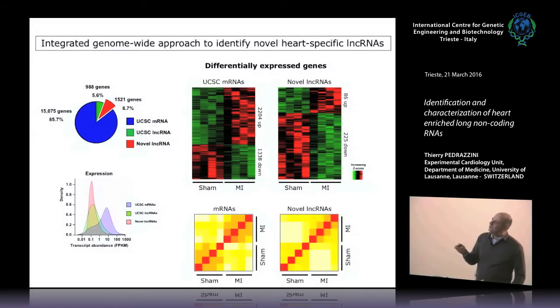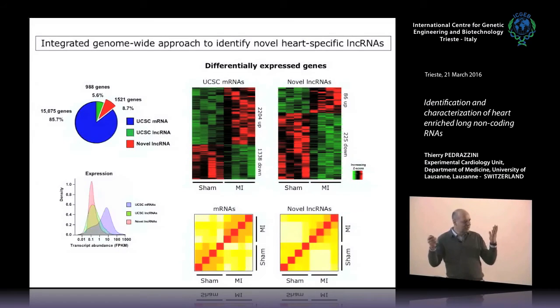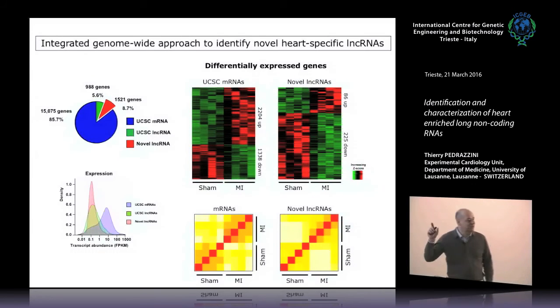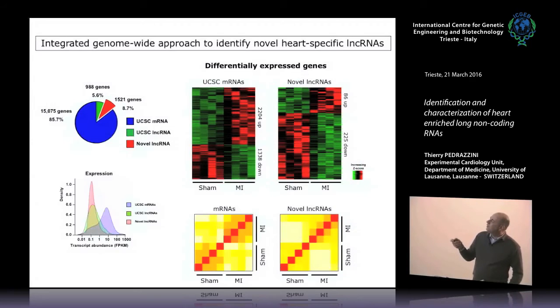So in this particular study, when we compared myocardial infarcted heart, this is in the mouse, versus a normal heart, we identified about 1,500 novel long non-coding RNA. This is from a single study, so this is a lot. Now, about 25% of those are modulated after infarction. Okay?